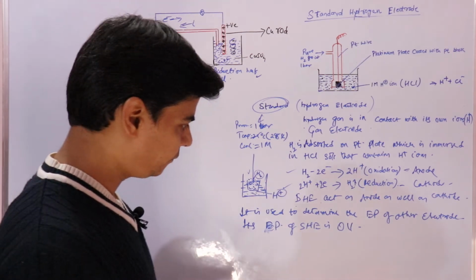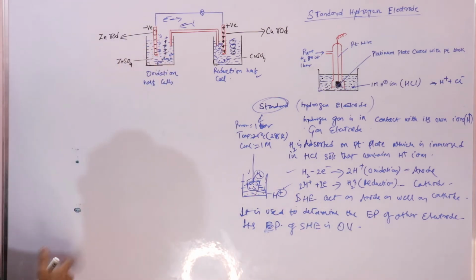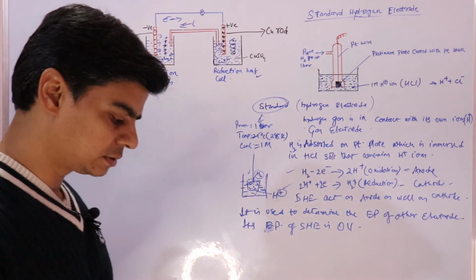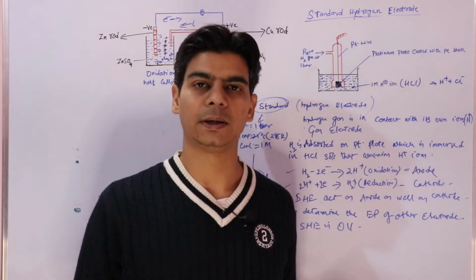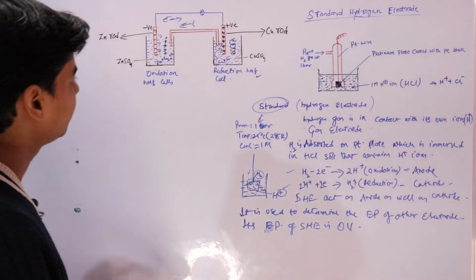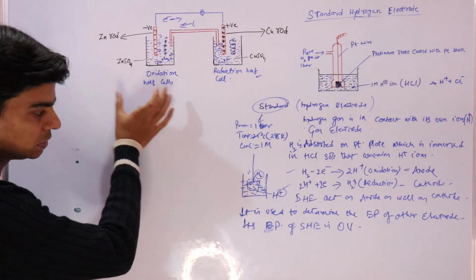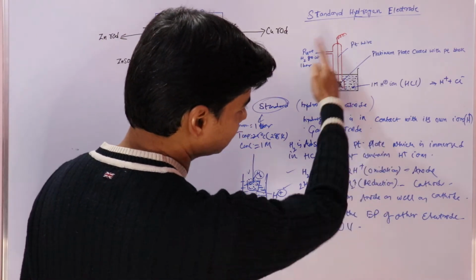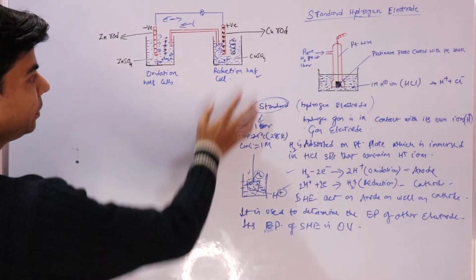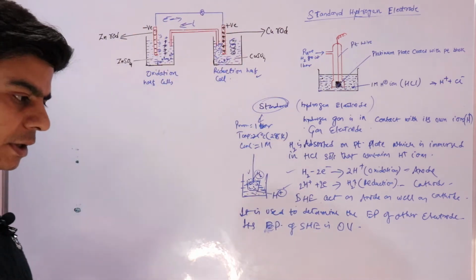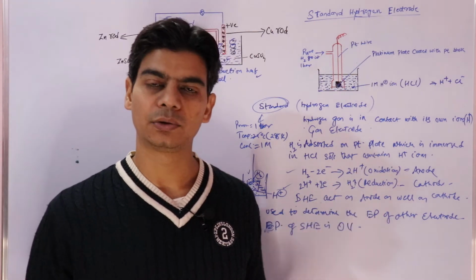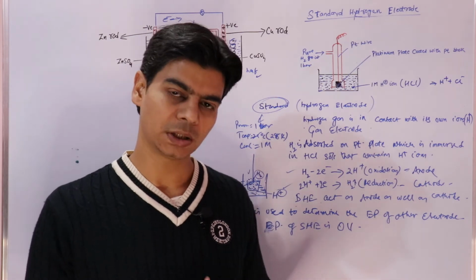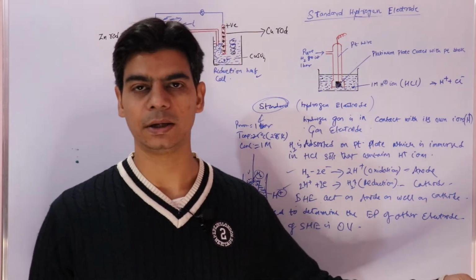If we have a zinc electrode and we want to find its electrode potential, what we do is couple the zinc electrode with the standard hydrogen electrode to form an electrochemical cell, and determine the potential difference or EMF of the cell that results from this coupling.